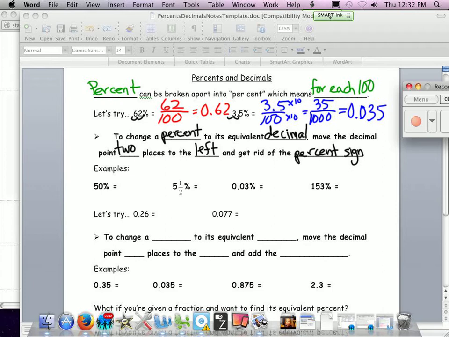That's such a frequent rational number that we should know 50% is the same as 1/2, and 1/2 is the same as 0.5. So that can be a starting point to check whether it seems reasonable that my percent got turned into a certain decimal. If I end up with a percent that's more than 50%, I expect my answer to be more than 1/2. So just to check on reasonableness.